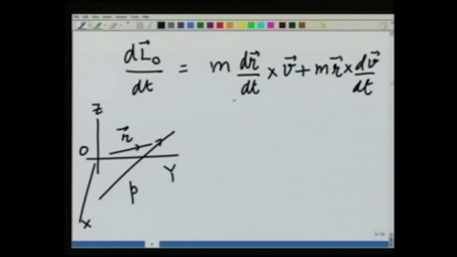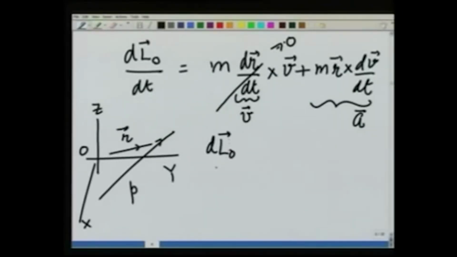But we know that dr/dt is nothing but the velocity itself, and velocity cross velocity is going to give you 0. And therefore, what you are left with is this quantity. In this, dv/dt, the derivative of velocity with respect to time, is the acceleration. So, I have dL_O/dt is equal to m r cross the acceleration.